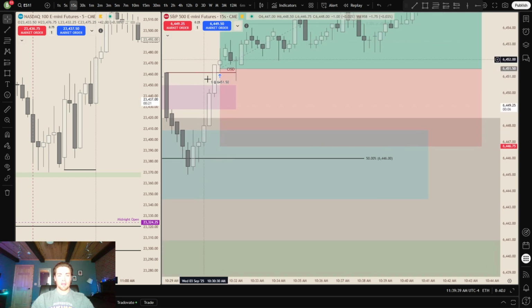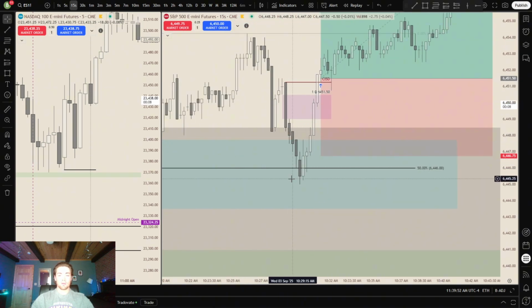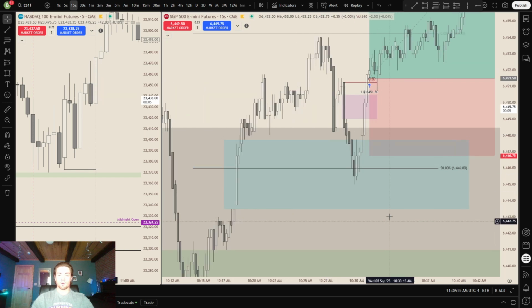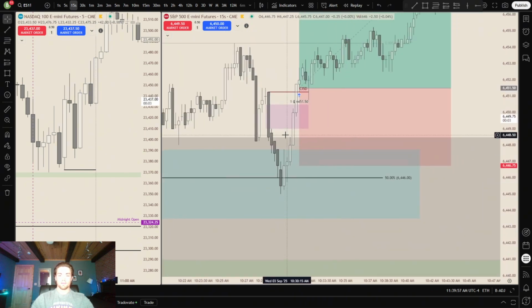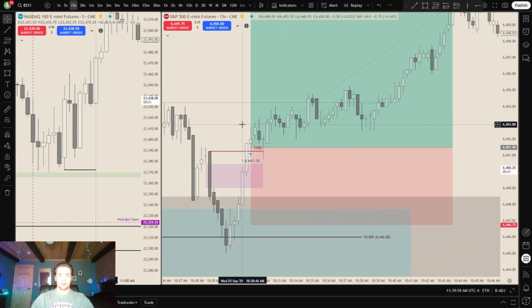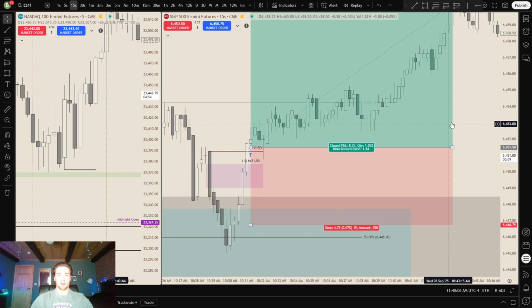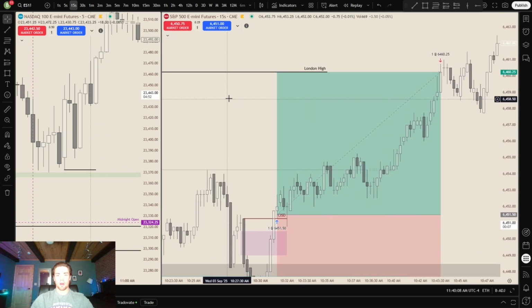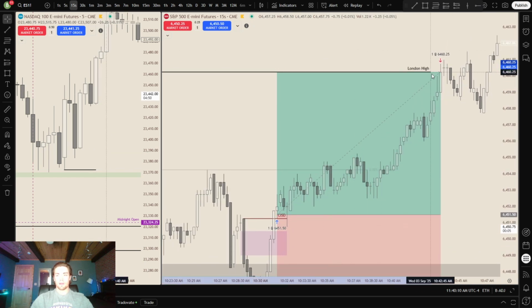I placed my stop below the lowest 15-second bullish fair value gap down here, because if we ran through all these fair value gaps, then we're probably most likely at least going to be taking out this low, if not rotating down to move lower. And I didn't want to assume that risk. So I was fine putting my stop below this lowest 15-second bullish fair value gap, and I put my only take profit up here at London High.